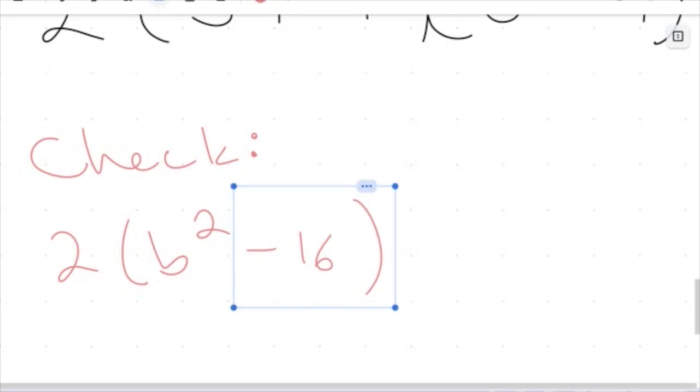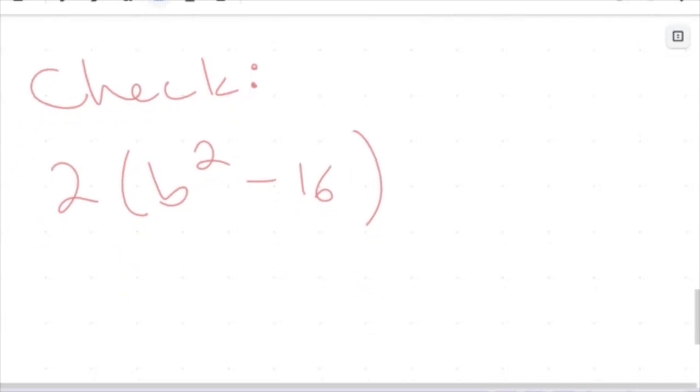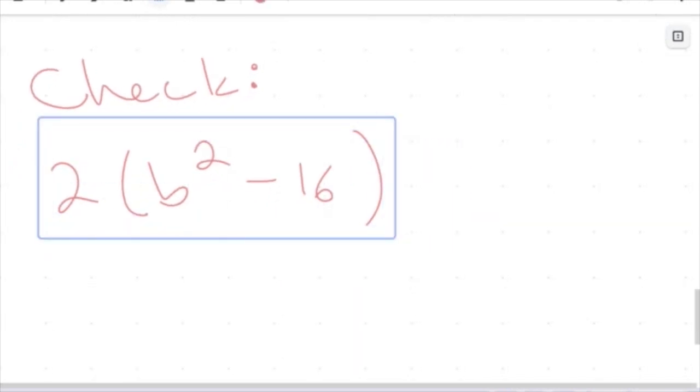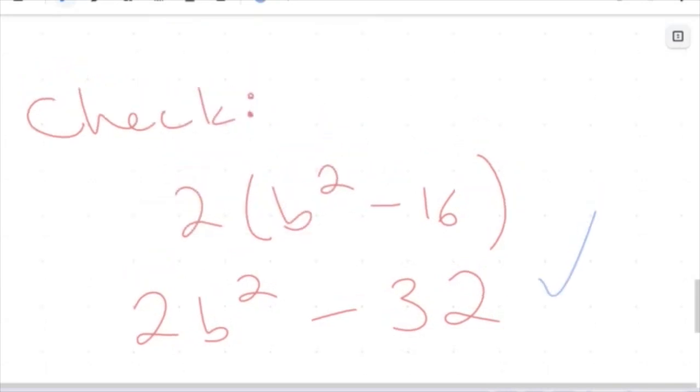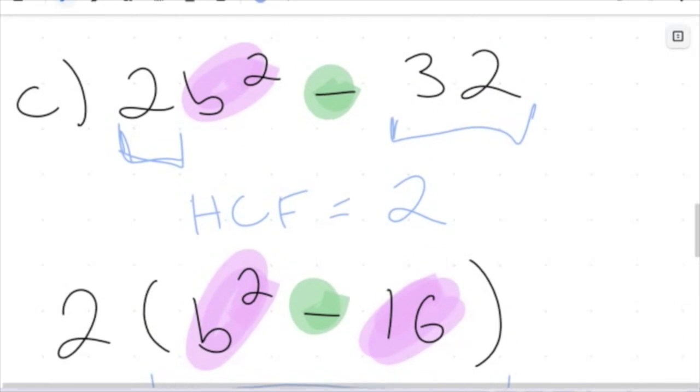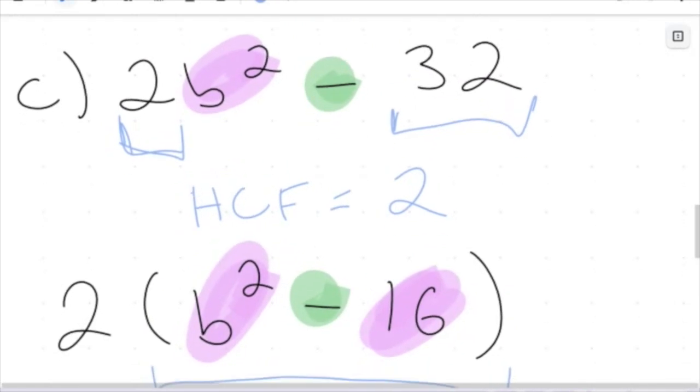Those cancel out, so I get 0, and I'm left with this as a simplified expression. Now, all I want to do now is re-expand to make sure I've done this correctly. 2 times b squared gives me 2b squared. 2 times minus 16 gives me minus 32. I have done this correctly because I get spat back out what I started off with.